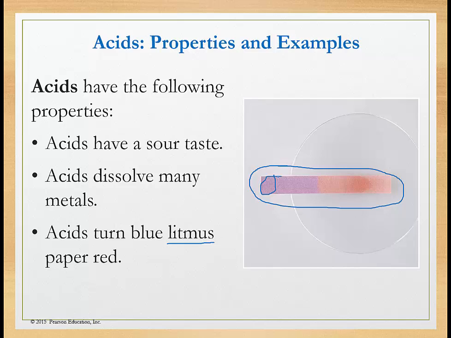So when it is a neutral pH, and we'll talk about pH later in this chapter, that indicates that there's not an excess of one ion or the other, and that should be a violet color. So this is kind of a purpley violet color. Now the other end of it, down here, has been dipped in an acid solution, and the litmus turned red. So they're saying that the litmus originally was blue or purple, and acid will turn it red. Okay, so for litmus, acid equals red.